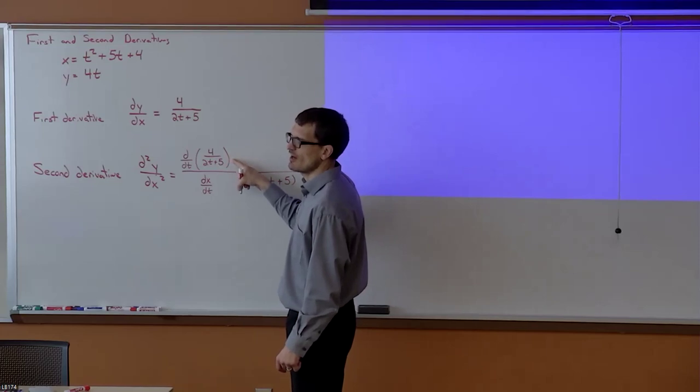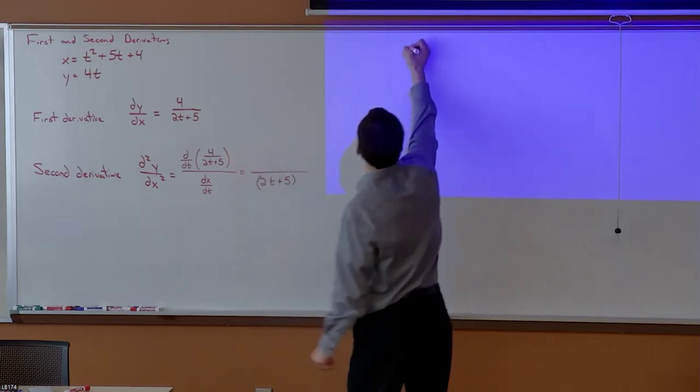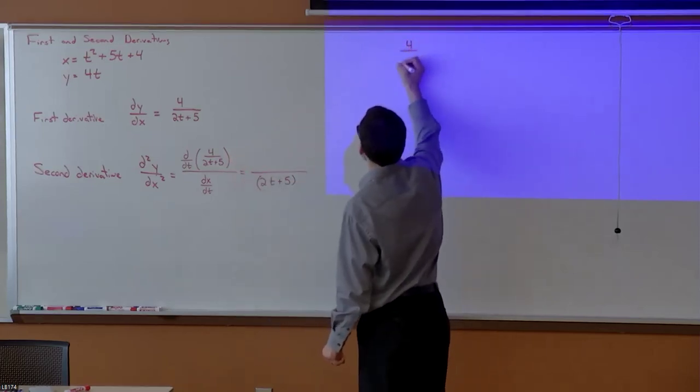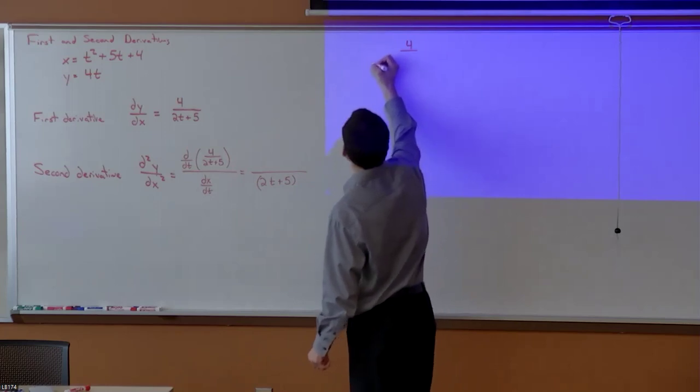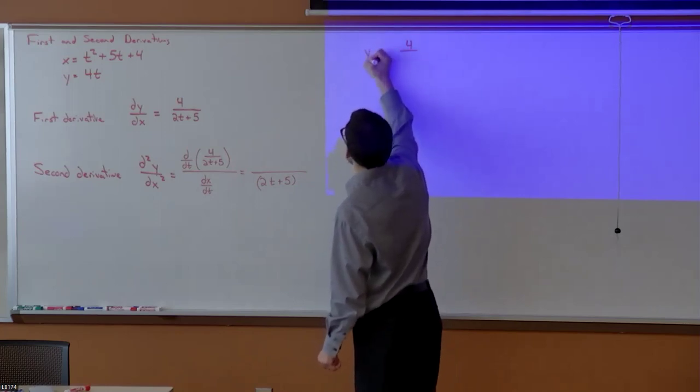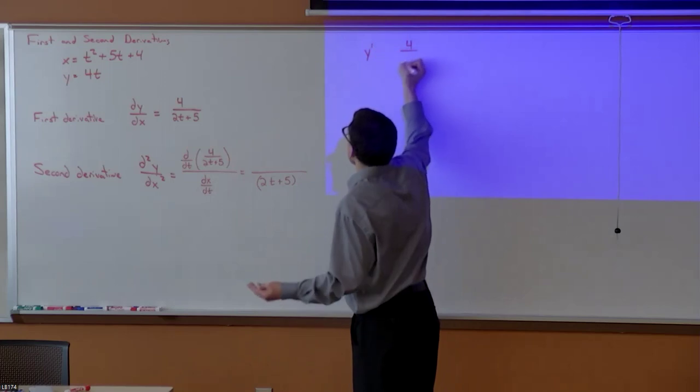Now, let me do something off to the side. I'm going to write 4 over 2t plus 5, which is kind of like my y prime.